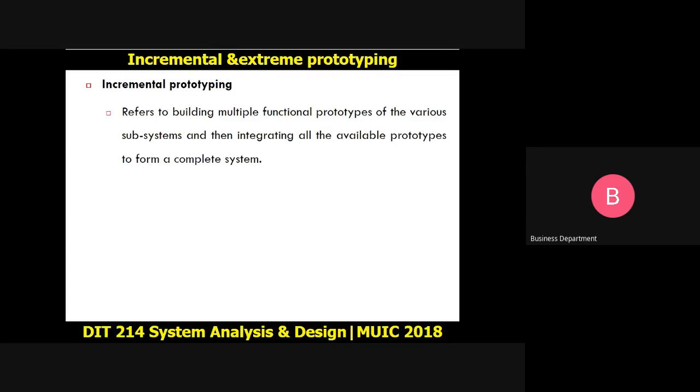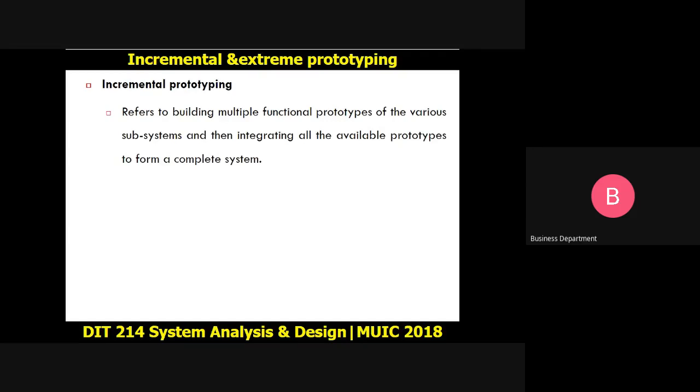Assume you are working on a system for Marist again. Let me just still use Marist. Maybe you did a prototype for how the system at finance could look. That one becomes a prototype. Then you have maybe another prototype of how the system at registry can work, and another prototype, maybe at the library, of how that system can work.